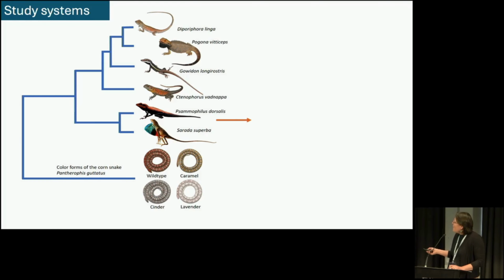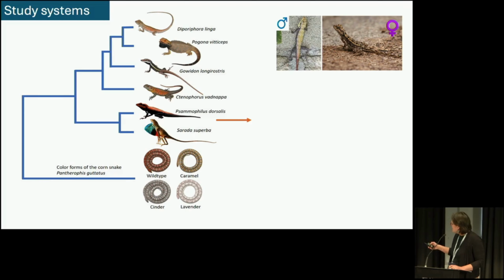Now, 2 of these lizards are found in India, and one of them we chose specifically. We chose them because we know they contain pteridine and carotenoid pigments in their skin. But one of them is actually remarkable.